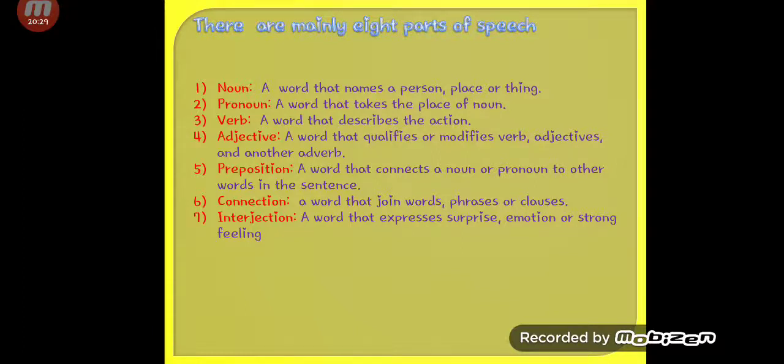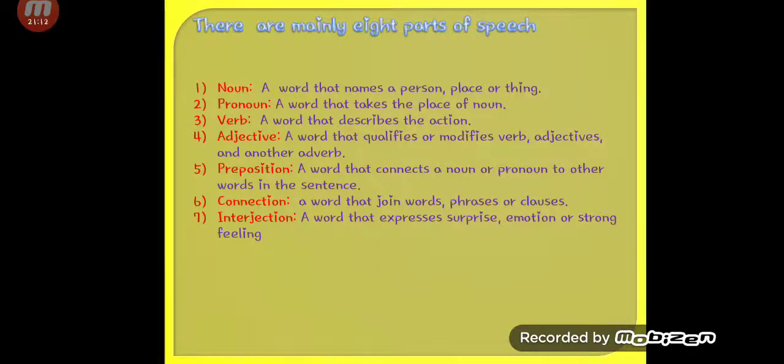Adjective, a word that qualifies or modifies a noun or pronoun. We add something more to the noun or pronoun. Adverb, a word that qualifies or modifies a verb, adjective, or another adverb. A preposition, a word that connects a noun or a pronoun to other words. And a conjunction, a word that joins words, phrases, or clauses. And interjection, a word that expresses surprise, emotion, or strong feeling.